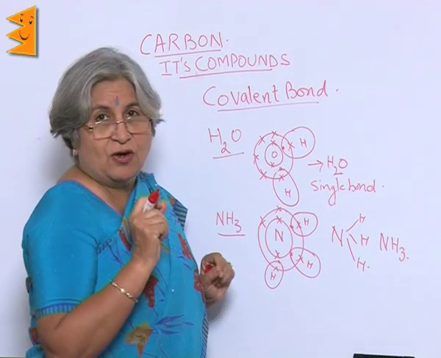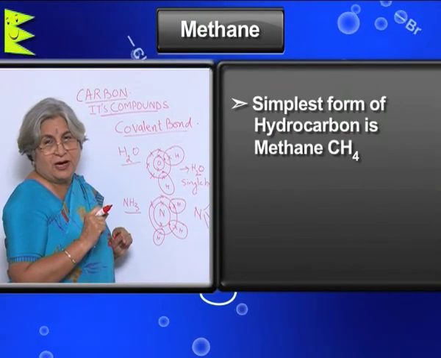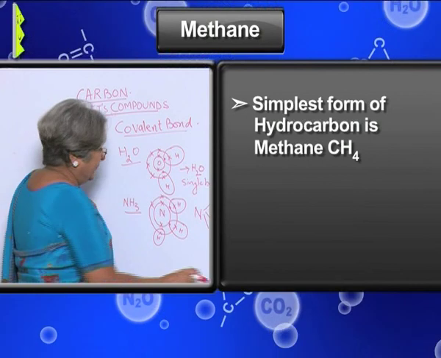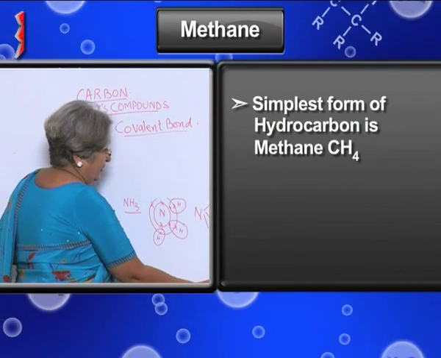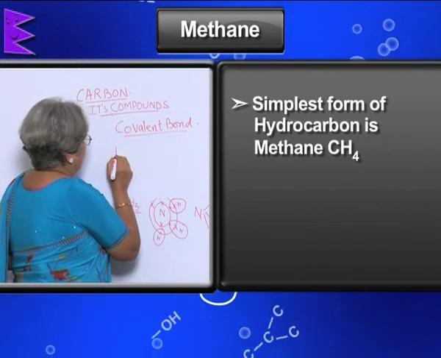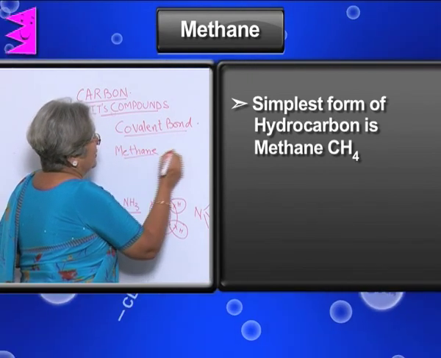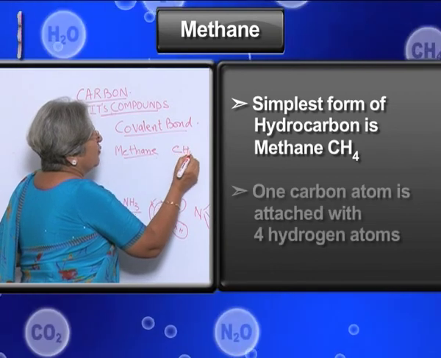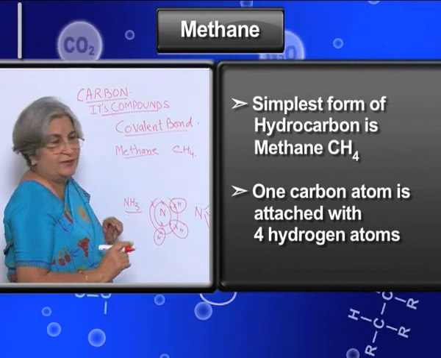The carbons also attach with hydrogen, and the simplest form of hydrocarbon is called methane. Its formula is CH4. That means one carbon atom will be attached with 4 hydrogen atoms.